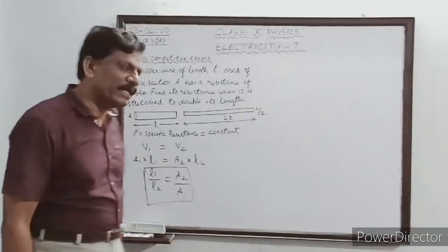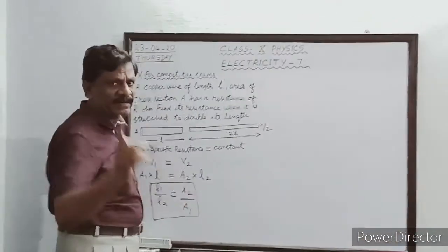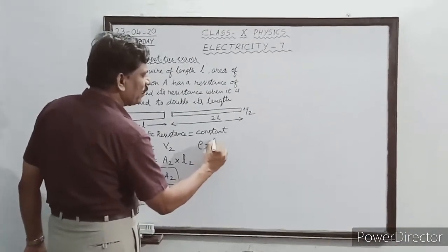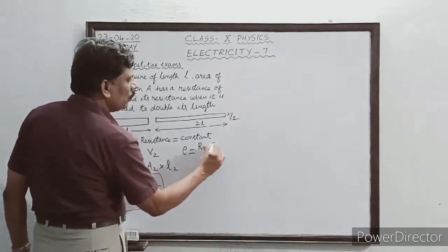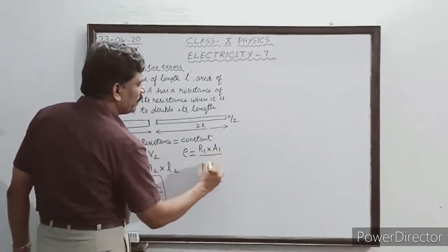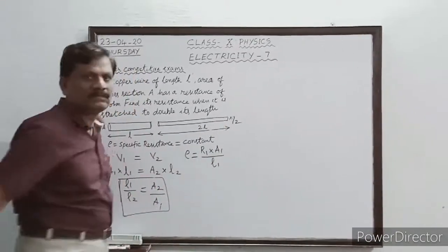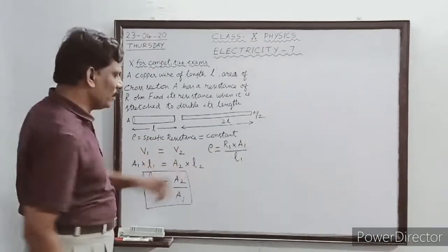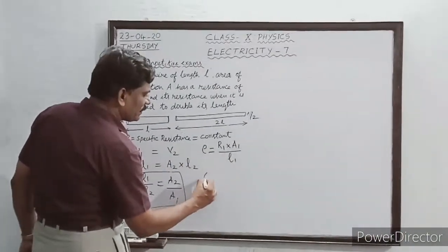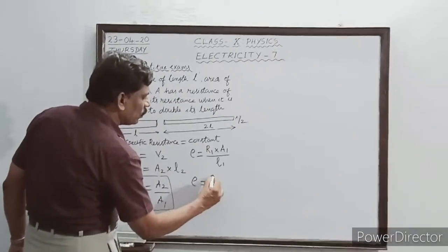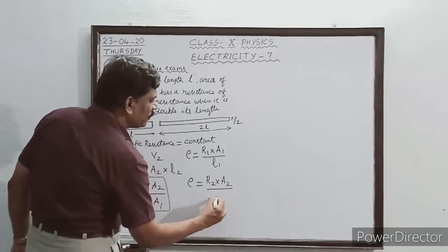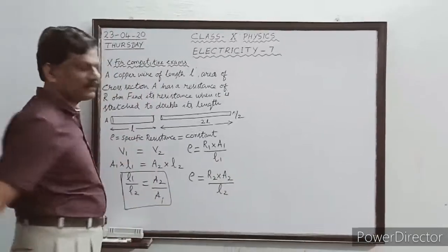Okay, now for the first wire, rho, the specific resistance, is equal to R1 into A1 divided by L1. Am I right? For the second wire, rho is equal to R2 into A2 divided by L2.